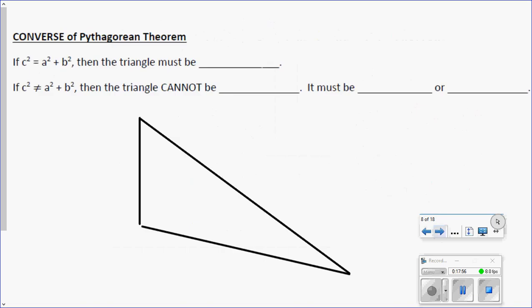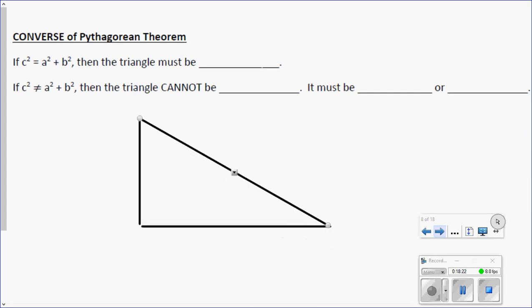All right, so now let's work backwards. Sometimes they will give you a triangle and not tell you whether it's a right triangle or not. It'll kind of look like it, but they won't tell you whether it is or not.